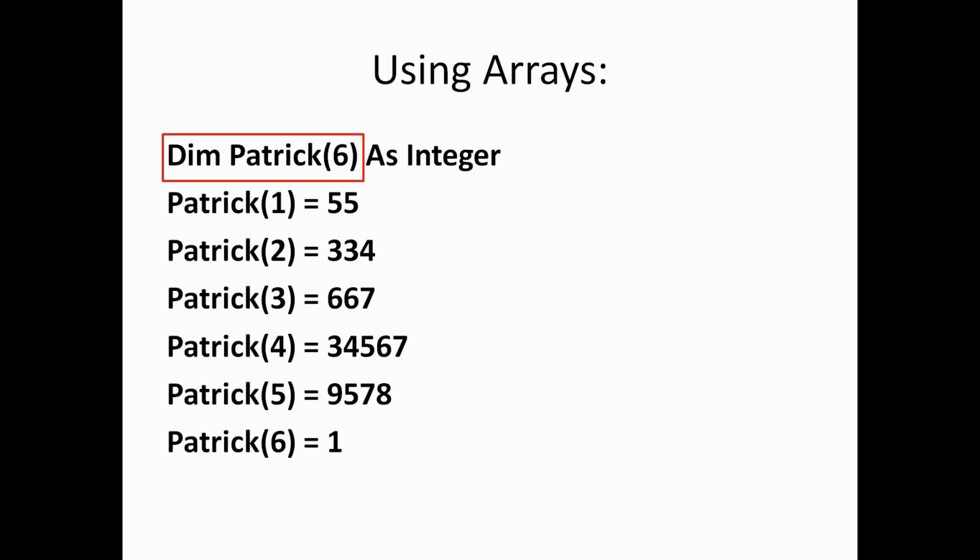As you can see, in the brackets of Patrick, we have the number 6. This number 6 means that Patrick is an array with 6 boxes. As Integer means that every position of Patrick can store an integer.